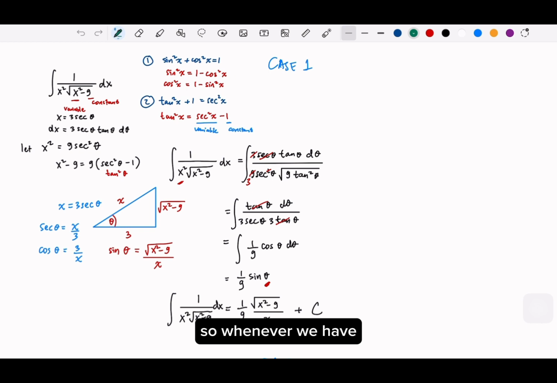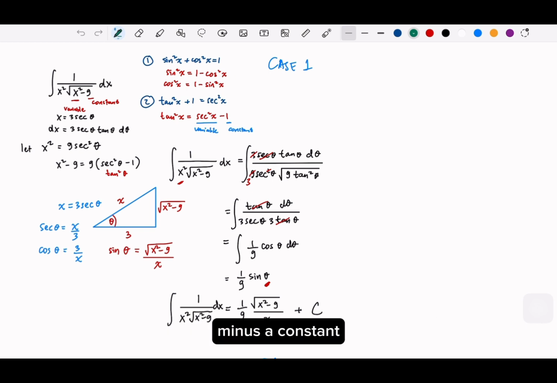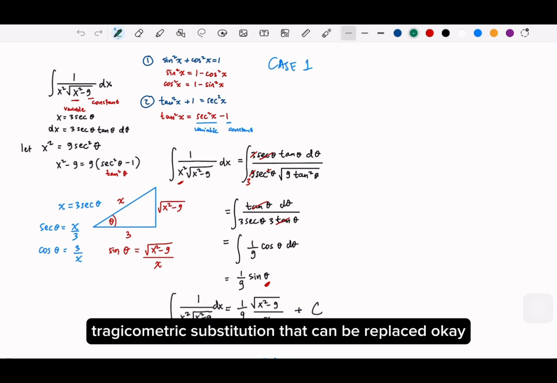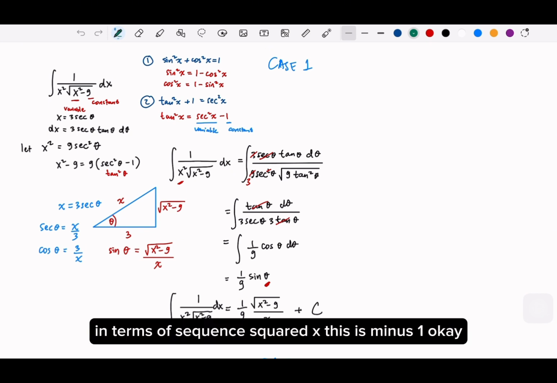Whenever we have a variable squared minus a constant, we can see from our case what kind of trigonometric substitution can replace this x. For example, if we write this in terms of secant squared x, this is minus 1.